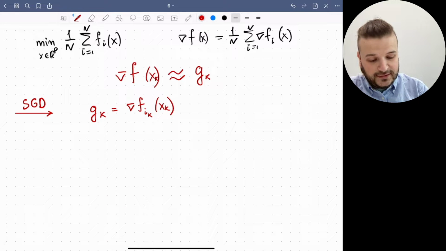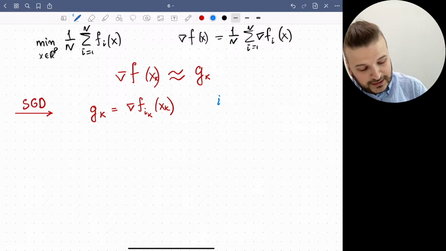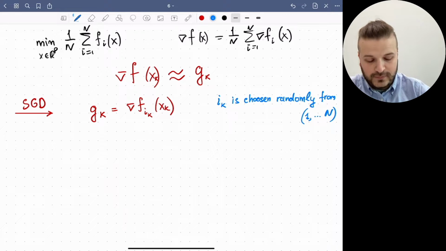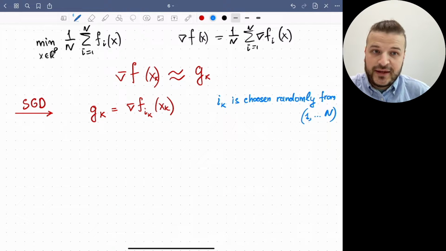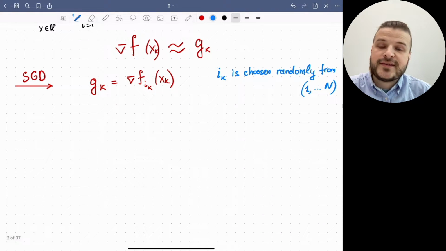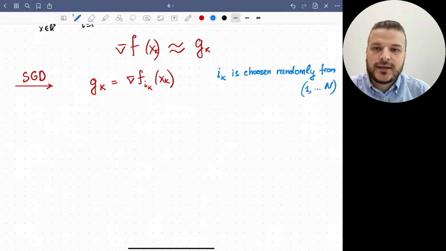It means that ik is chosen randomly from 1 to n. The interesting thing about such a choice will be that this stochastic approximation of the gradient will be unbiased in some specific case of randomness.